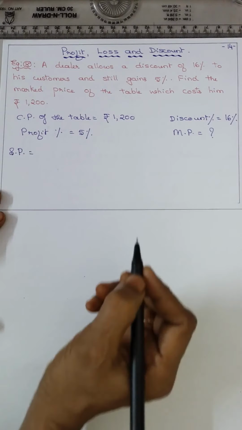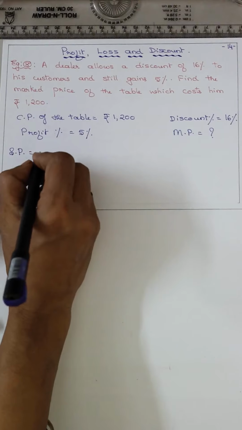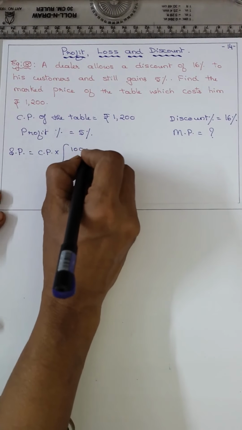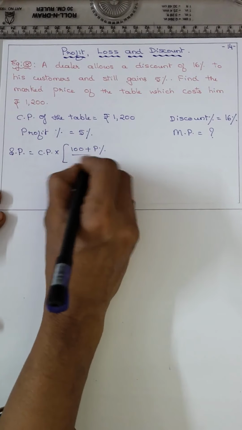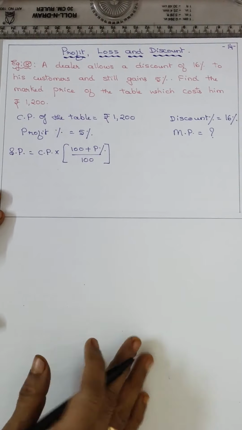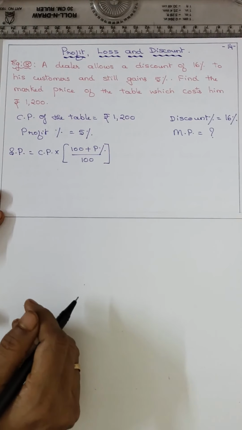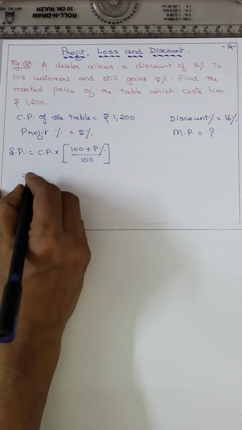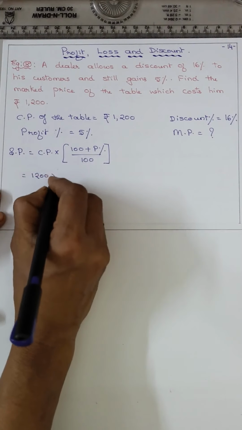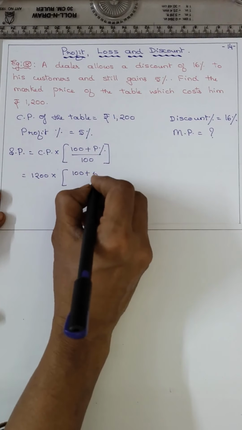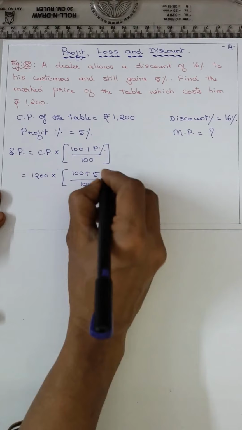Now it is easy. SP is equal to CP into 100 plus profit percent upon 100. Remember, the first worksheet is continued in the second worksheet, isn't it? So CP, how much is given? 1200 into 100 plus profit percent, 5, upon 100.